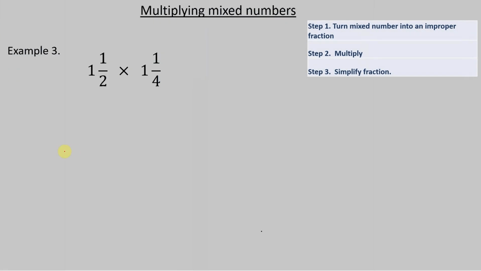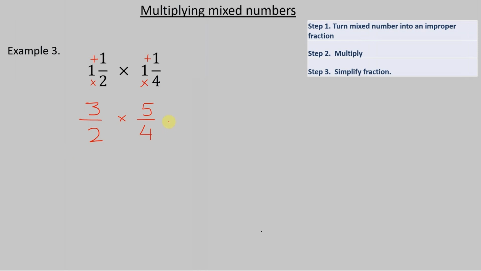Example number 3. So we're going to multiply 2 times 1, and then we're going to add that 1 there. Again, we multiply, and then we add. So 2 times 1 is 2, plus the 1 is 3, 3 over 2. And then we've got 4 times 1 is 4, plus 1 is 5 over 4.